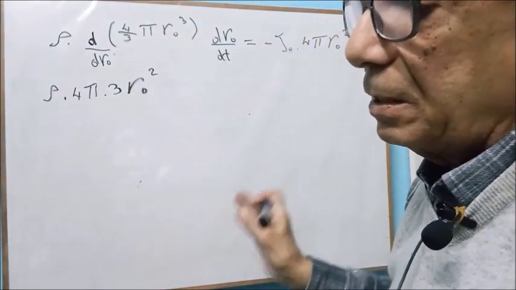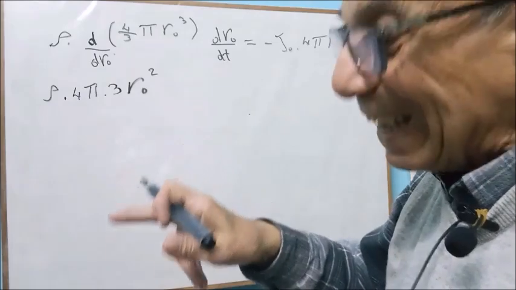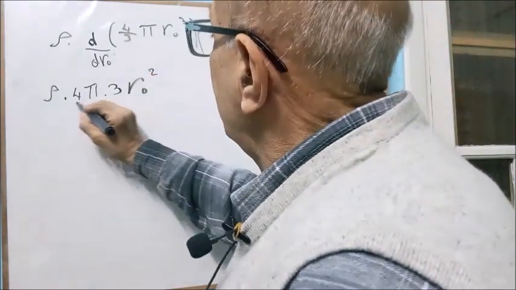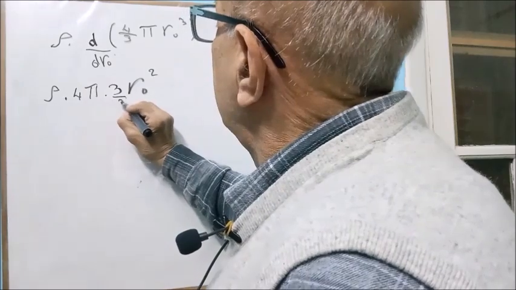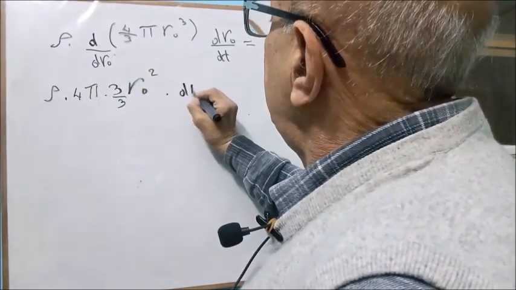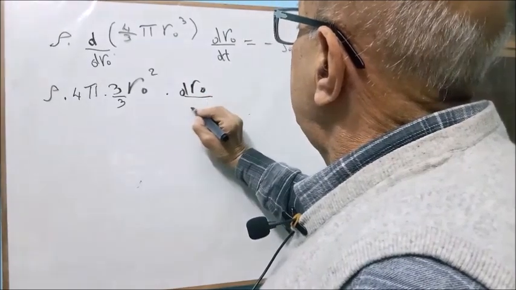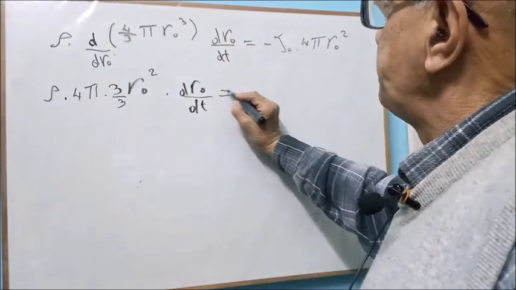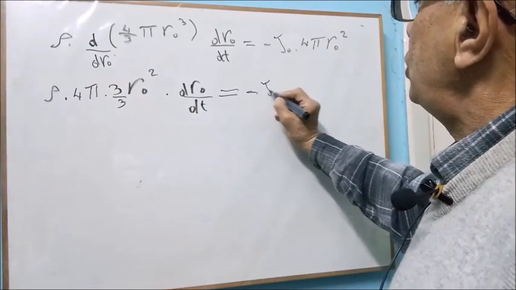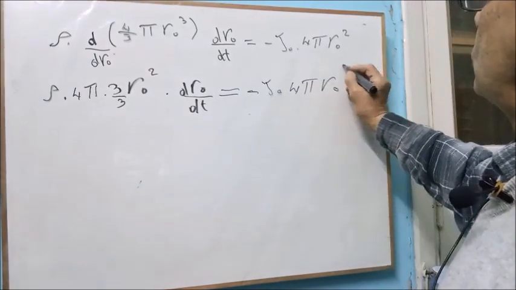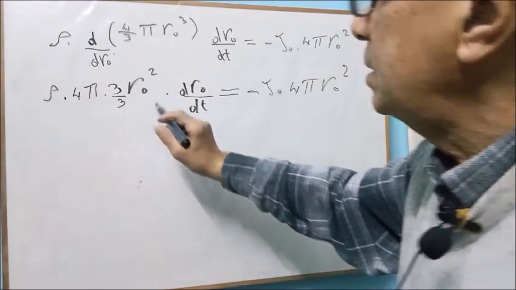dx to the power n by dx equals n x to the power n minus 1, over 3, which is here in the denominator, multiplied by dρ0 by dt. Okay, we have equals minus J0 times 4π ρ0 squared.